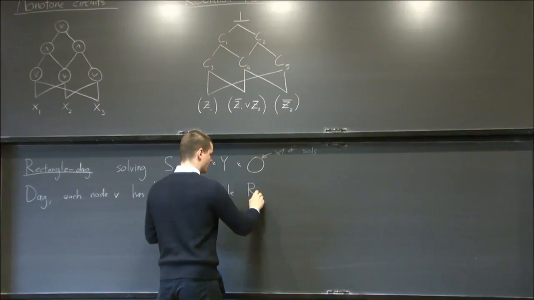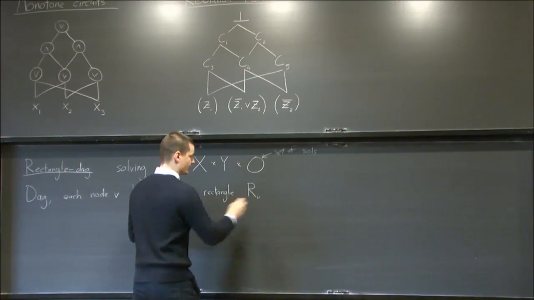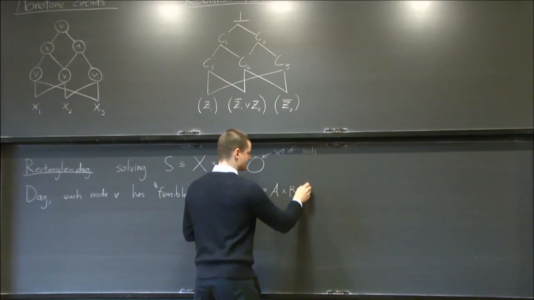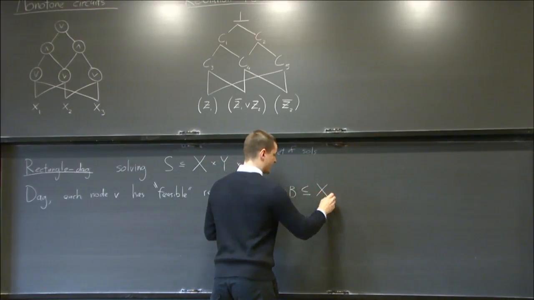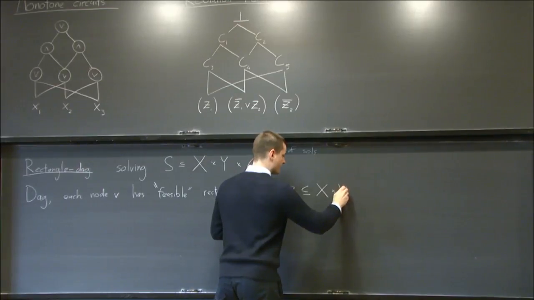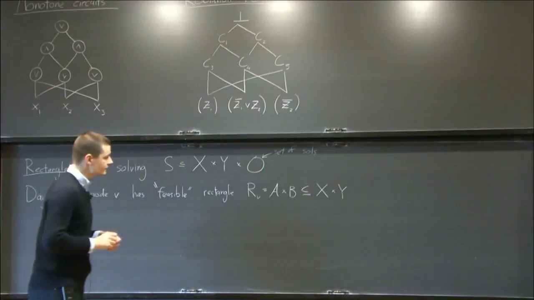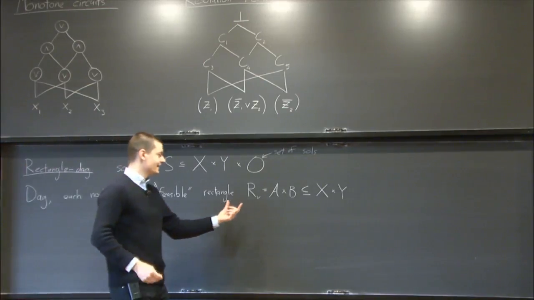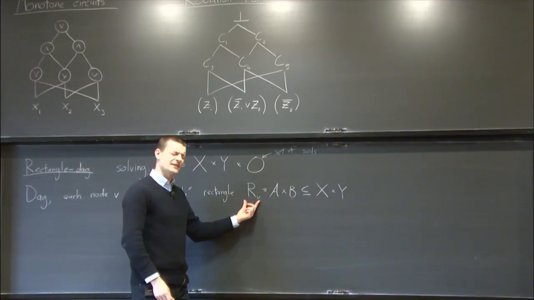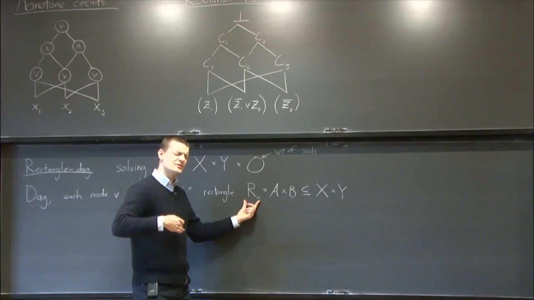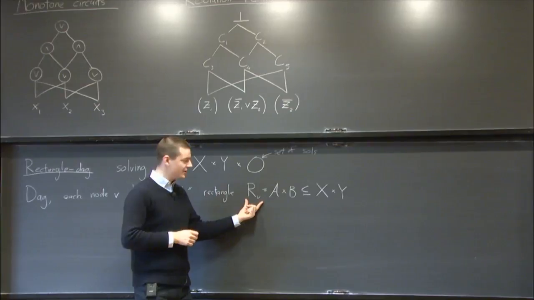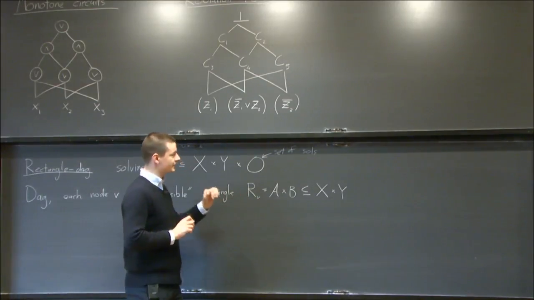This is some product set, some set A times B, from this input domain. And intuitively, the feasible set is a kind of guarantee. It proclaims that I can solve the search problem for these inputs, in some sense.